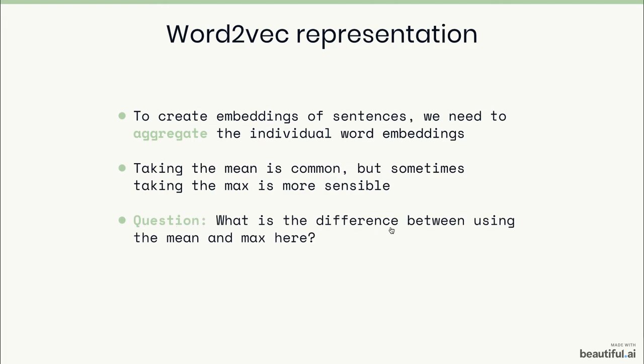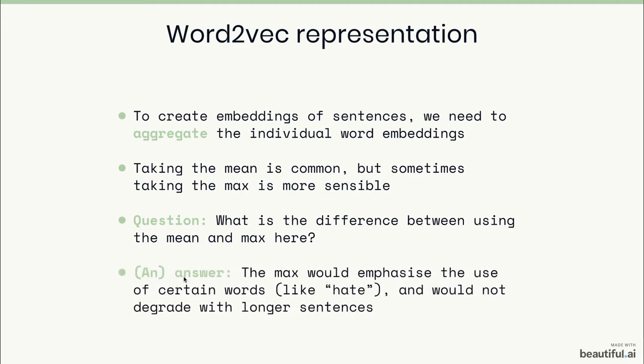What would the difference between using the mean and the max be here?